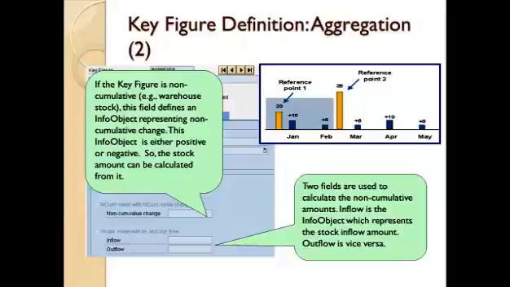So over this 1 month period, if we have any additional inventory, we'll have a number represented in the inflow key figure, and if we have any deduction, that will be represented in the outflow key figure.